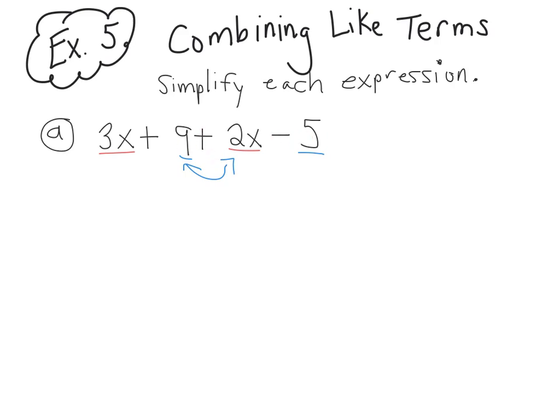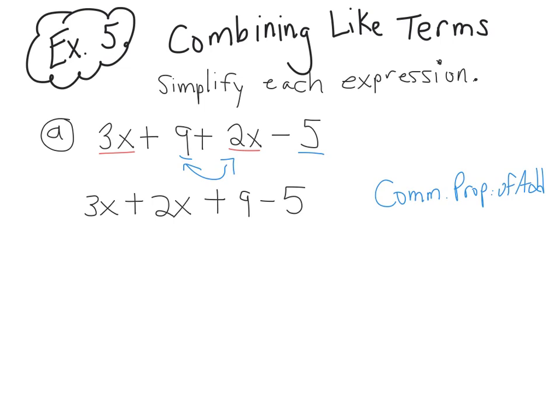And so if we do that, then we would be keeping our 3x there and moving the 2x closer to that, and then moving the 9 after that, and then just leaving the minus 5 there at the end. And again, we can do that because of the commutative property of addition.